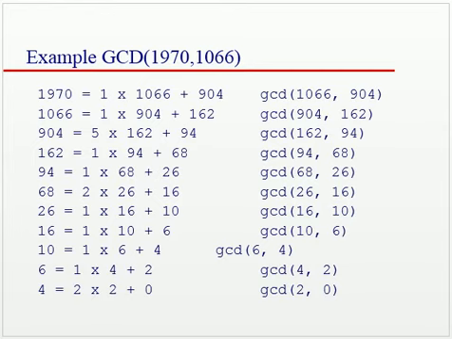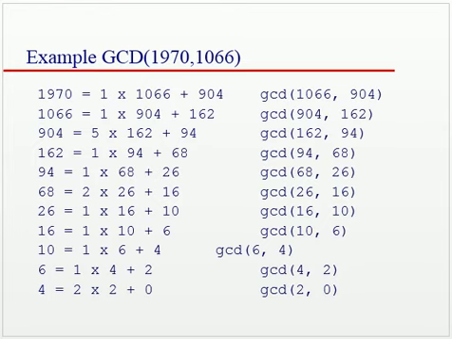Now as the residue is not equal to 0, we consider 1066 divided by 904. So 1066 = 1 × 904 + 162. Again as the remainder is not 0, we represent 904 = 5 × 162 + 94.